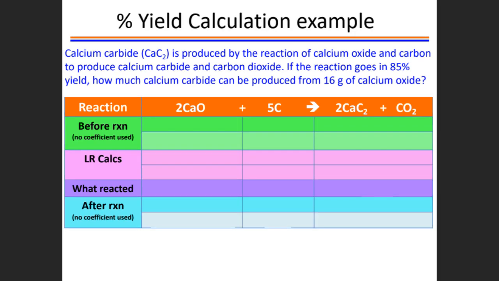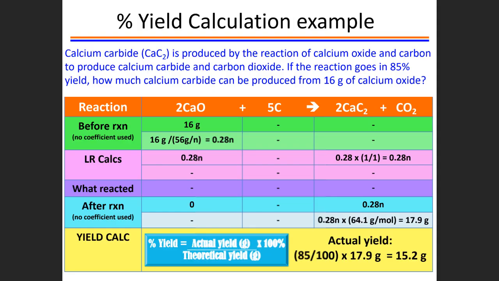So here we have to do the same thing that we have done. See the limiting reactant, after the reaction what we have, and then we will have our percent yield, and we will find the grams.